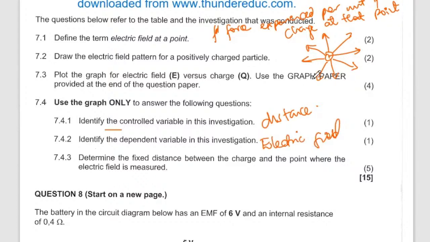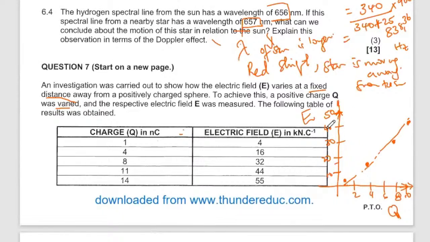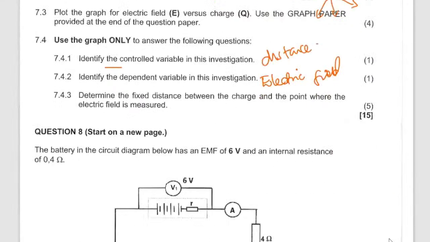Remember, in any graph, whatever appears on the y-axis becomes the dependent. The x-axis, the horizontal, is always independent. And then determine the fixed distance between the charges.